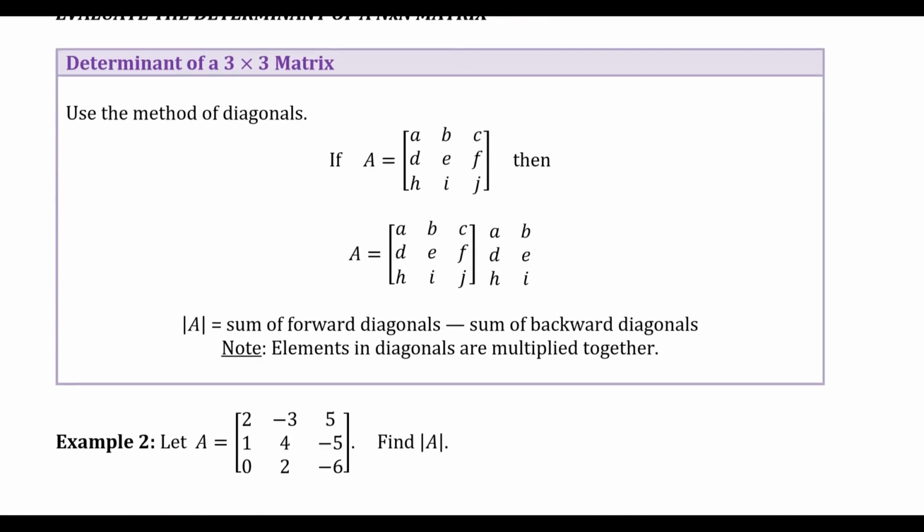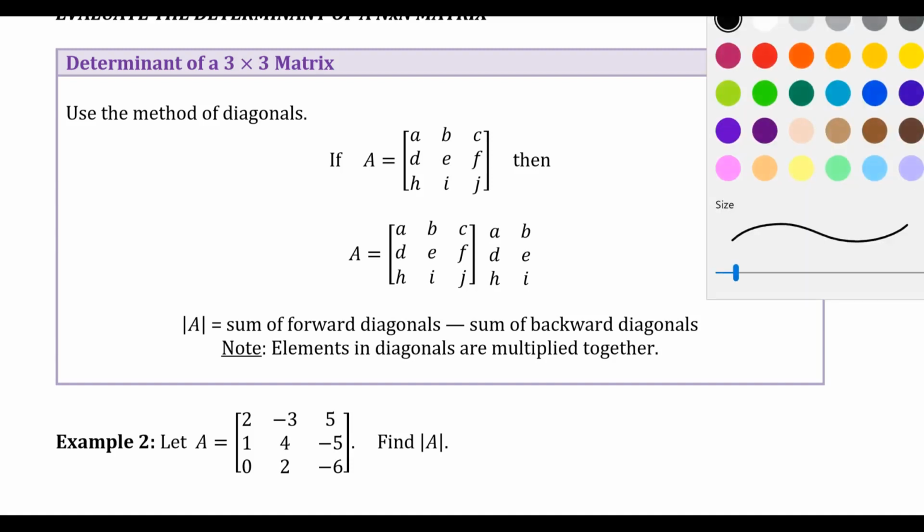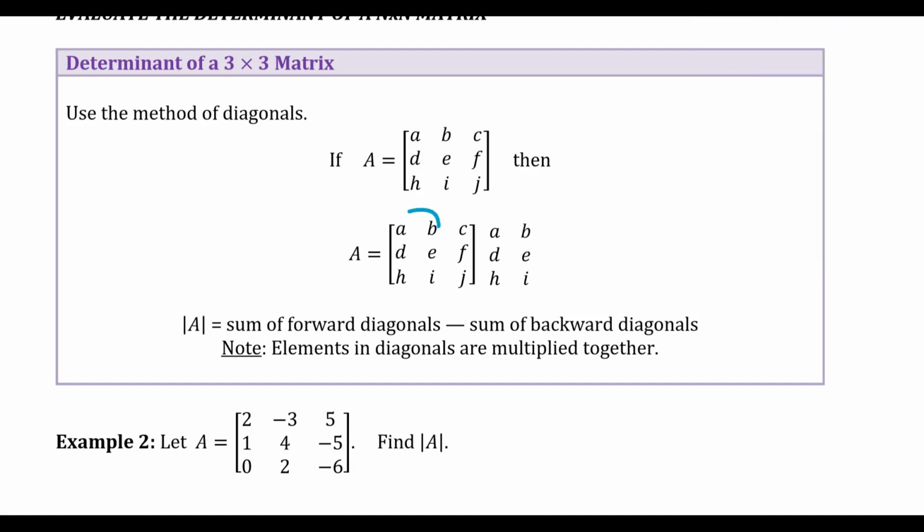When we're talking about the determinant of a 3 by 3, what we're going to do is repeat the first two columns. That way we can have good diagonals on here.